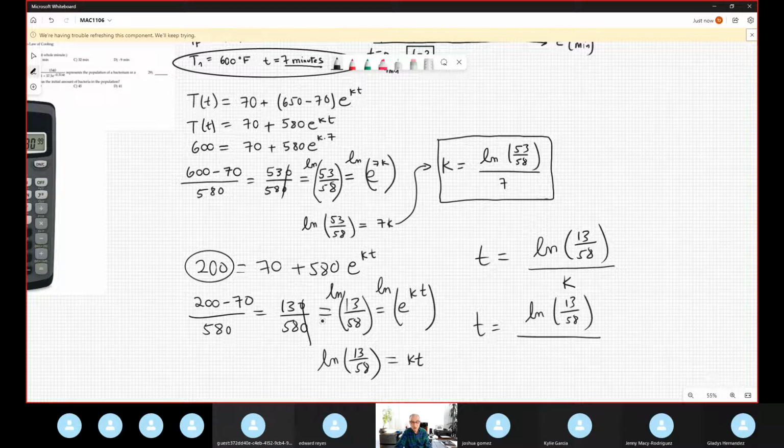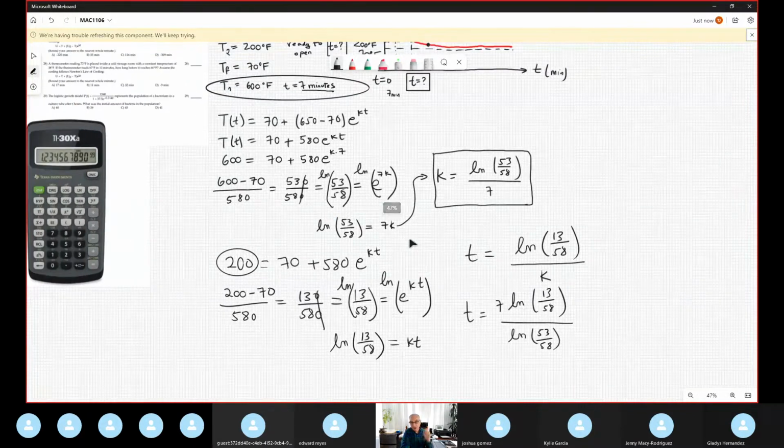You want this 7 in the top, right? Logarithm of 53 over 58. And the rest is calculator. Because one important objective in that part is that you be ready to manipulate exponential and logarithm using the calculator.